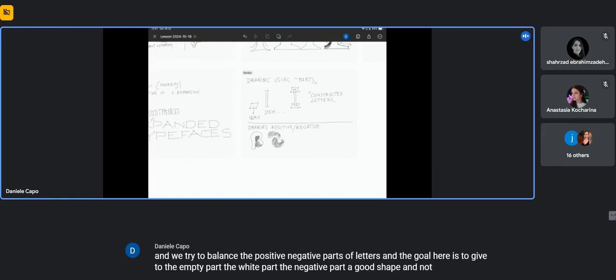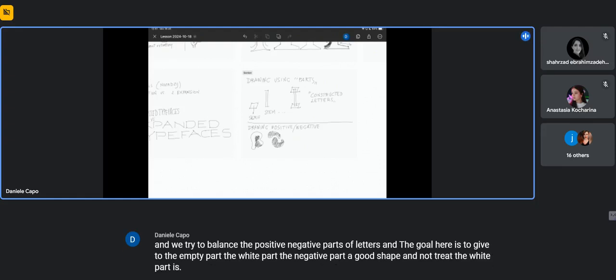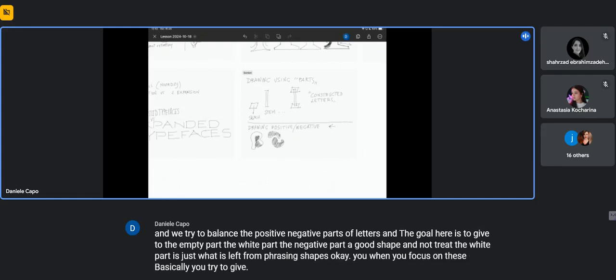And not treat the white part as just what is left from tracing shapes. Okay? When you focus on this, basically you try to give dignity to the empty part.